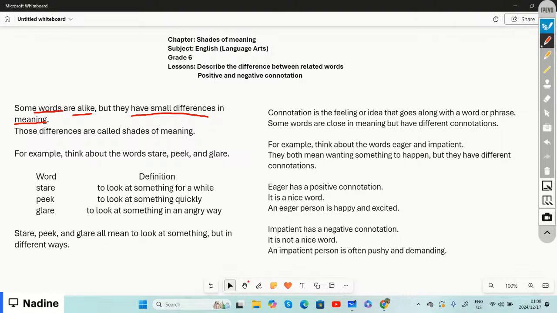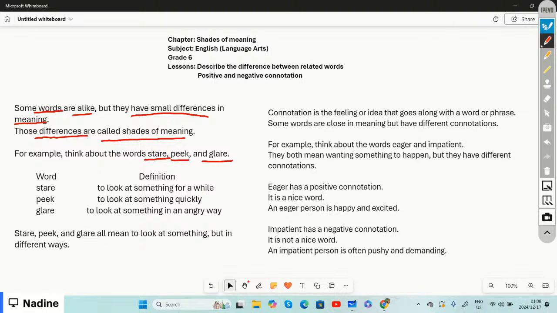And these differences in meanings, we call them shades of meaning. And if we look at a few examples of different words that have got slight or small differences in meaning, then it's words like stare, peek, and glare.